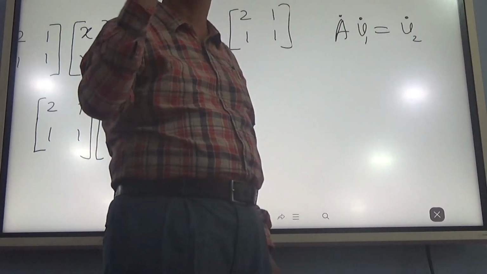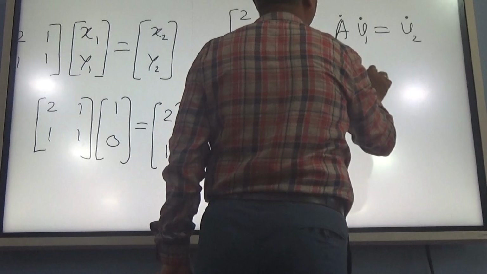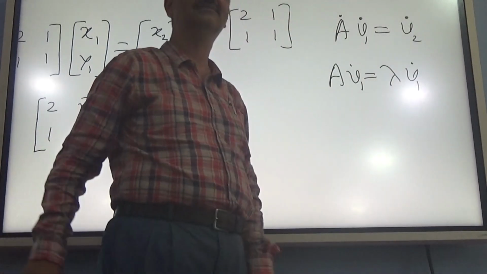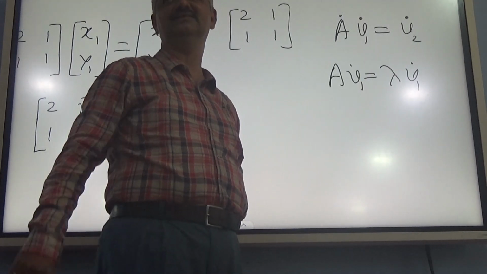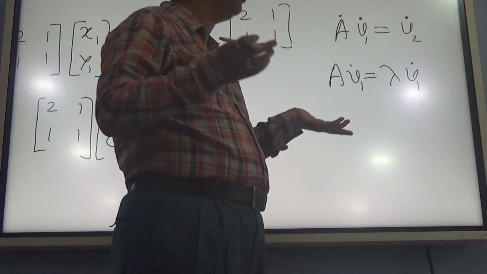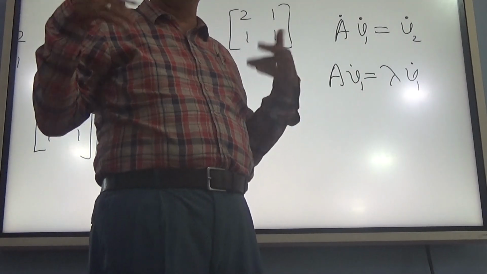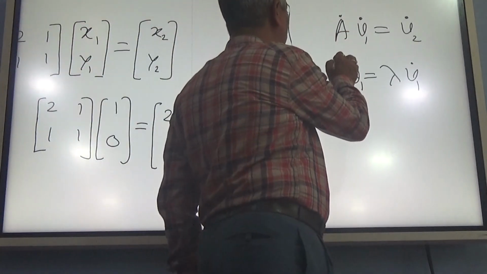We call it lambda. So we must have A V1 equal to lambda V1. When it is a vector V, there is no need of writing V1. We can say AV, or you can use X also: AX equal to lambda X. So now how will you solve this?